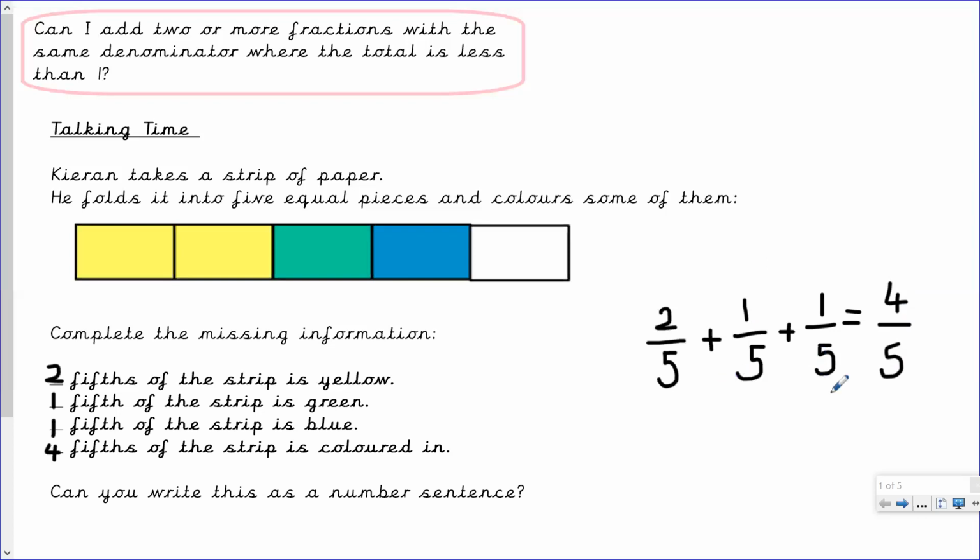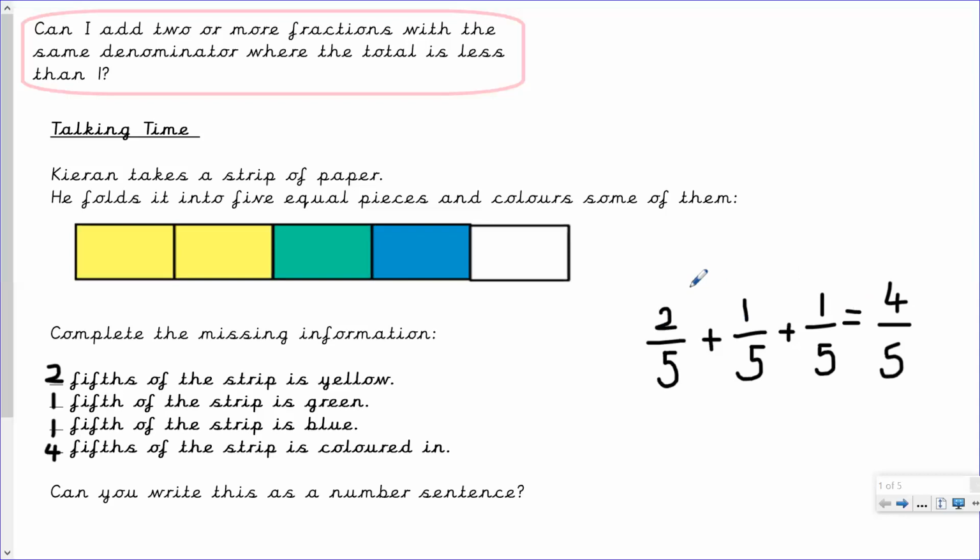What do you notice about this addition number sentence? Well, we've added the 2 strips that were yellow plus the 1 that was green, so that's given us 3, plus the 1 part that was blue, which has given us 4 parts.